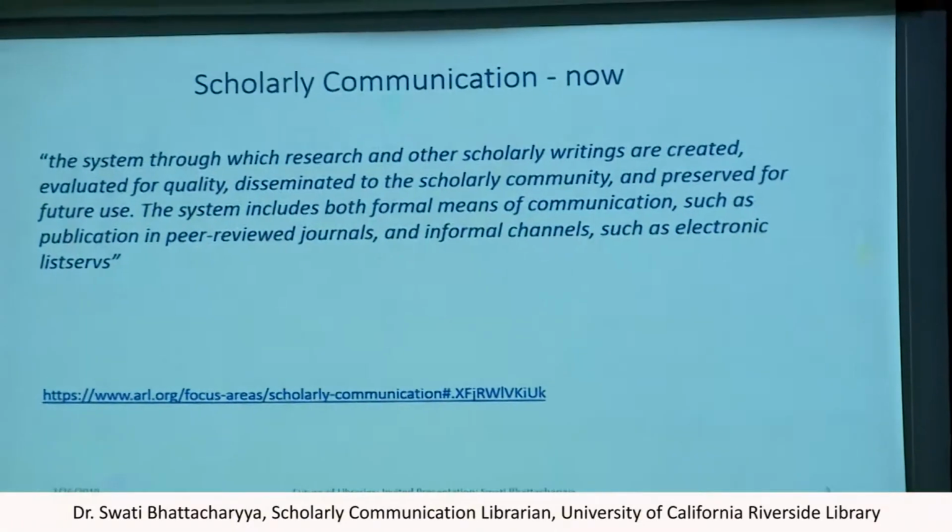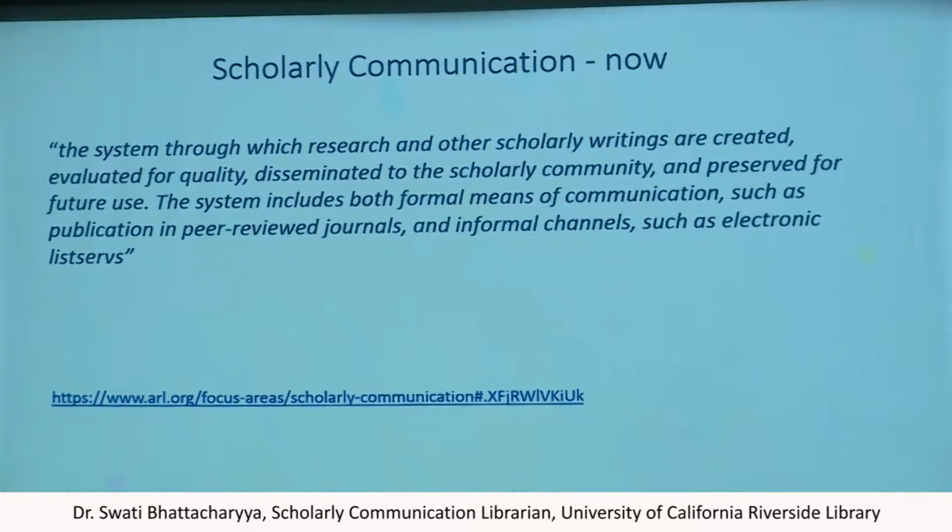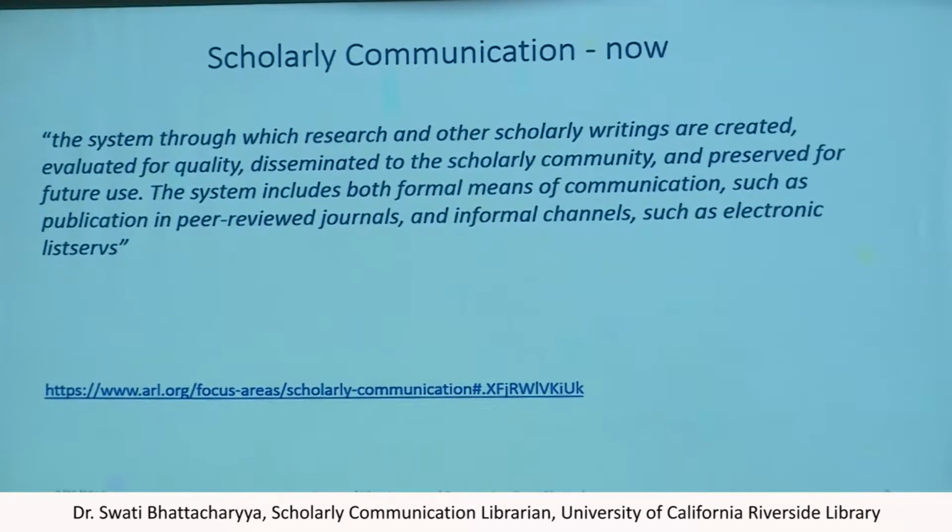So any kind of scholarly communication service, when we keep thinking, we have to remember that it is the system that facilitates, not actually how the author is creating. That is not really the focus of scholarly communication.